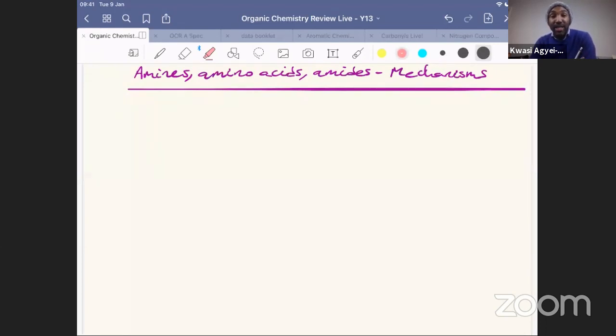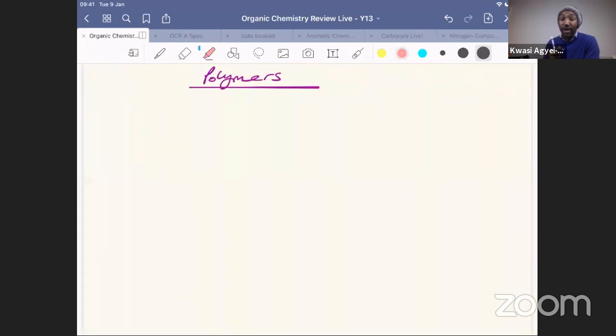We've just seen that. And the amines of amino acids will behave in the same way as normal amines. So there are no mechanisms to look at here. We can look at polymerization involving amino acids and perhaps diamines and diacyl chlorides very shortly.